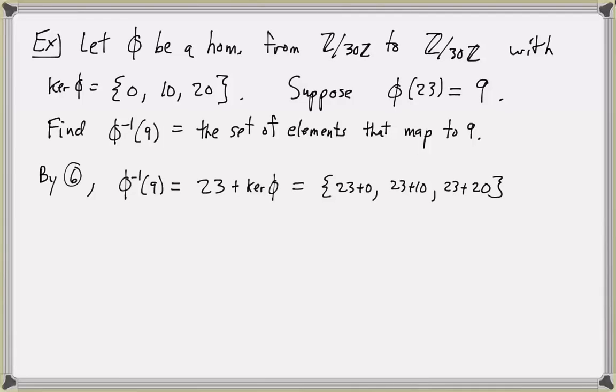But then when we reduce mod 30, it gives us the set of integers 23, 3, and 13. So these are the three elements that get mapped to the integer 9 by this homomorphism.